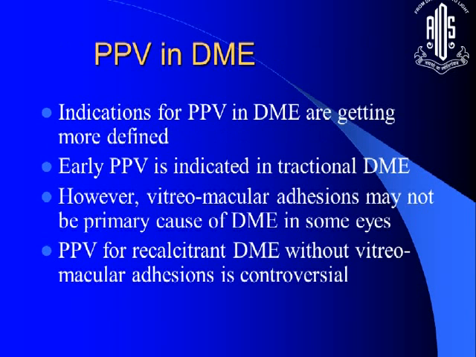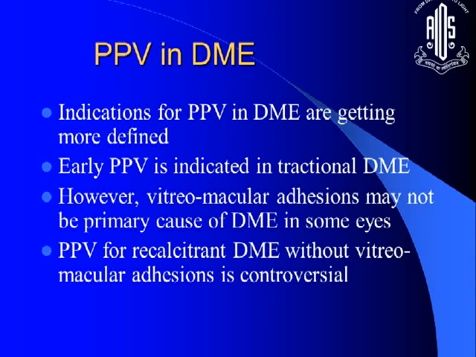If we look at these indications in the present context, they are getting much more well defined, and early PPV at this time is indicated in the tractional type of diabetic macular edema. However, where you don't have a vitreomacular adhesion, in some of these eyes the problem is not happening only because of traction.